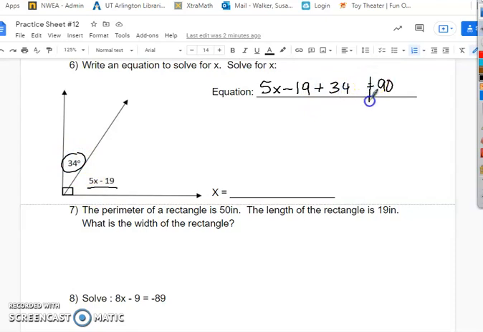Now, remember I told you this could be your answer. If it was like answer choice A, B, C, or D, this might be one of your answers. Or they might have it where it's combined, where they put these two together. So 34 and minus 19, these are different, subtract.